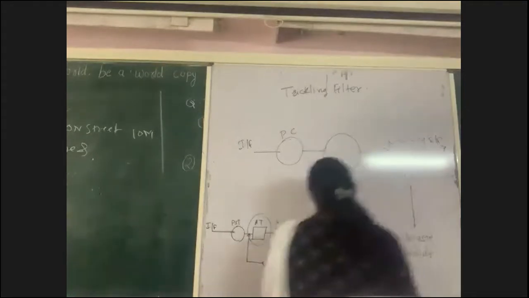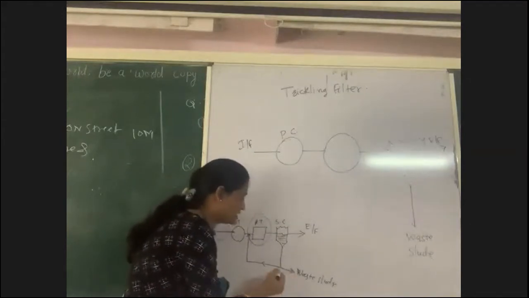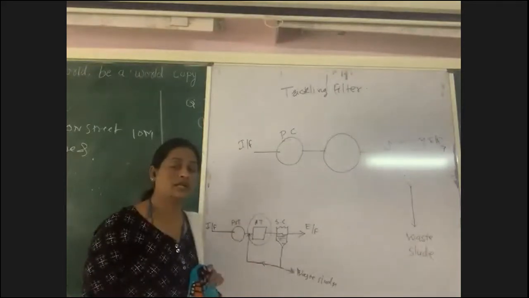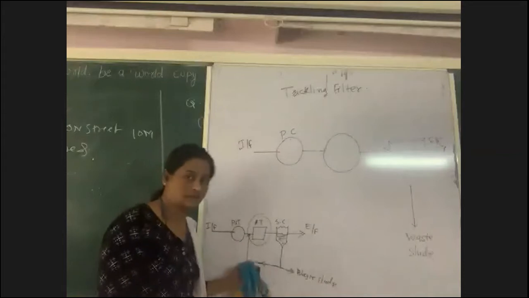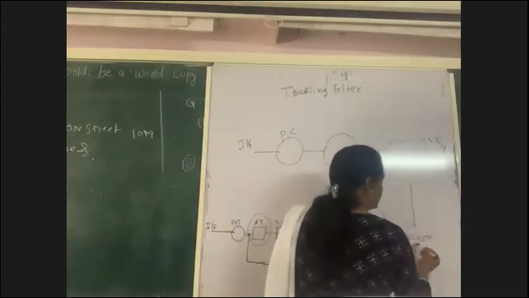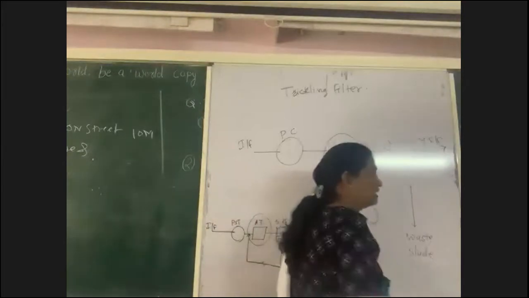Waste sludge we are wasting, and some amount of sludge, that active sludge, we are recirculating and allowing to enter before the aeration tank or in the aeration tank. Okay, that we saw. Now here waste sludge, entire waste sludge we are collecting and we are removing.